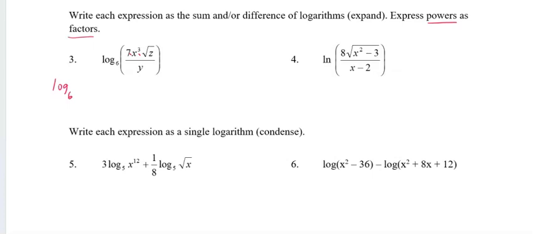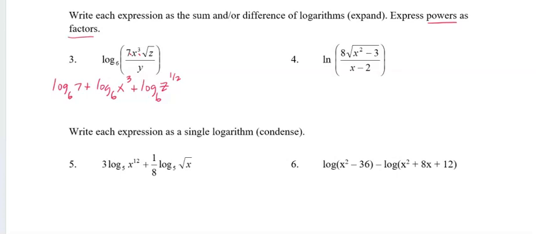So log base 6 of 7 plus log base 6 of x to the third plus log base 6 of z to the 1/2. And you always want to change radicals into rational or fraction exponents.